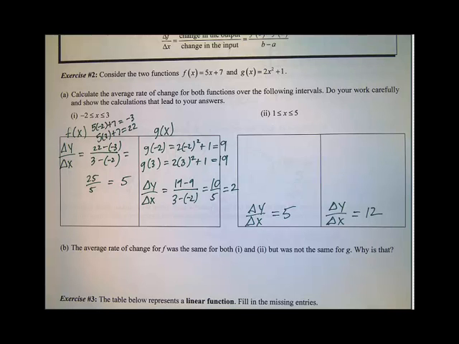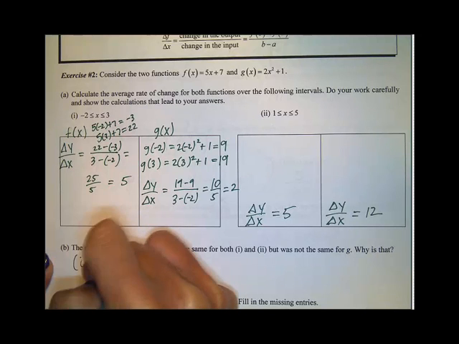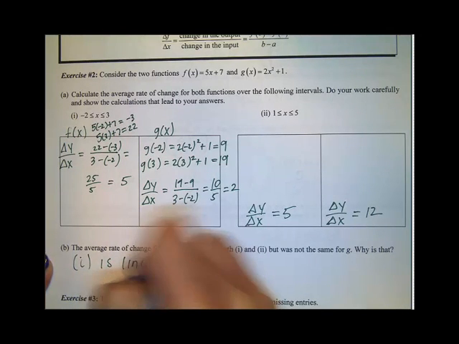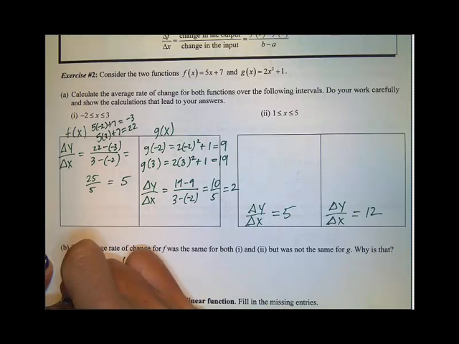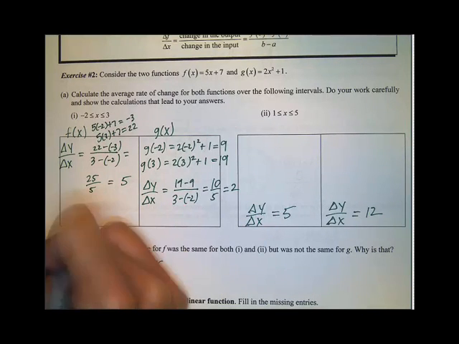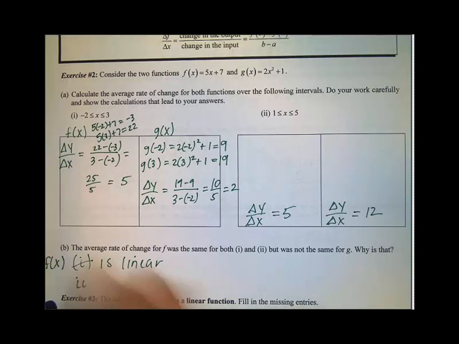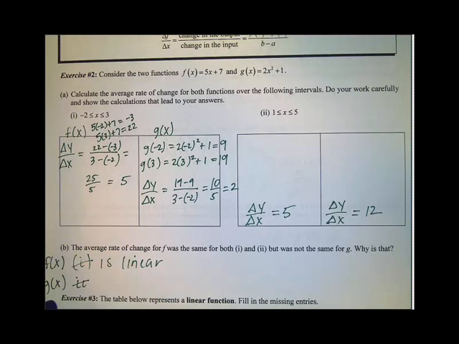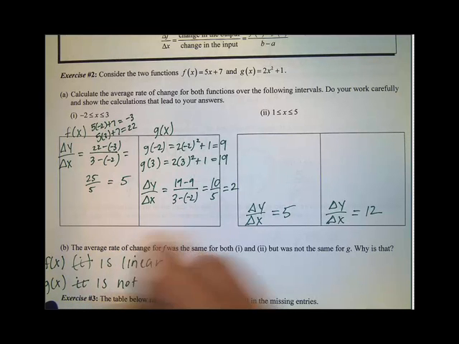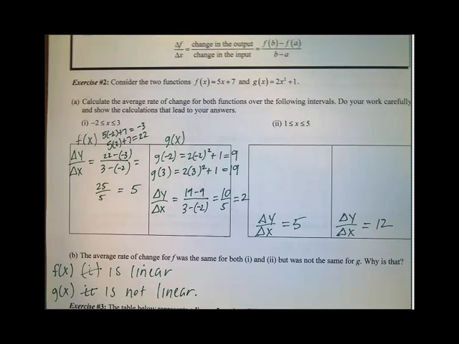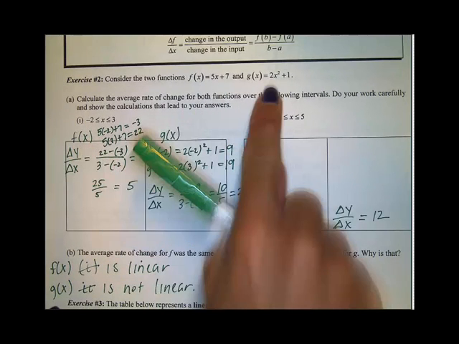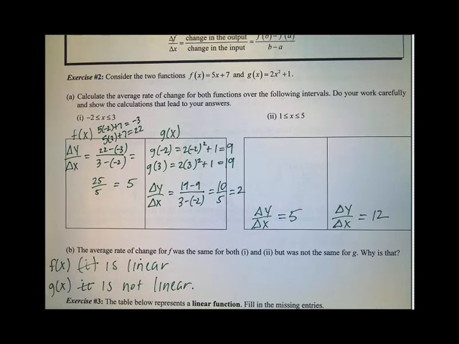If you think about the segments of the graph and the slopes, because that's what we found being the same, we know that f of x is linear and g of x is not linear, which we already knew because they gave us the equations, but we proved that by finding the slopes of two segments or two different domains.